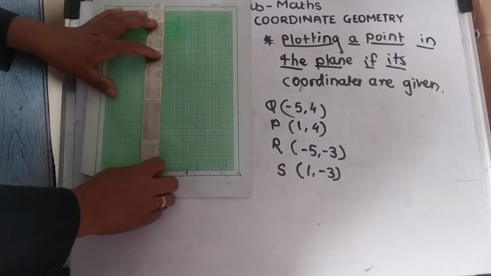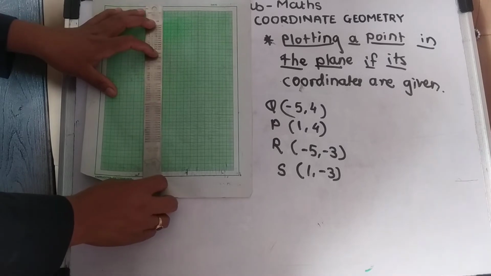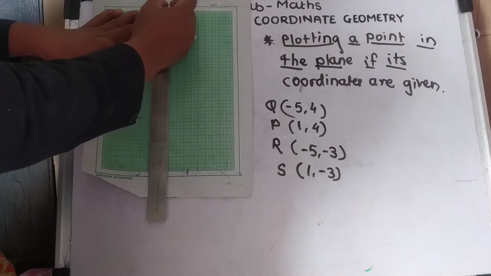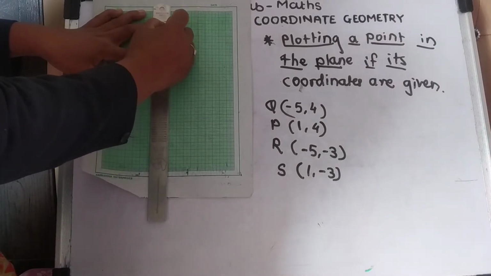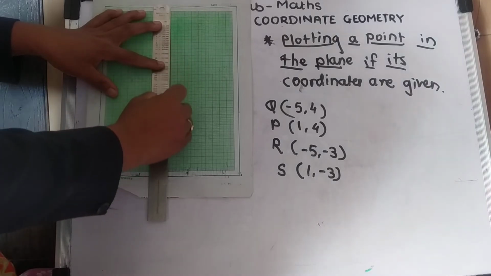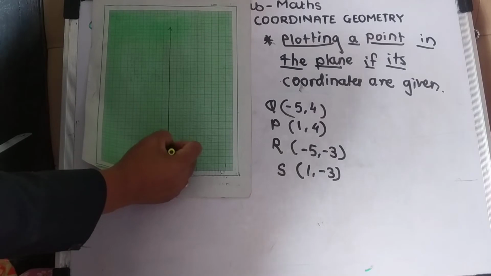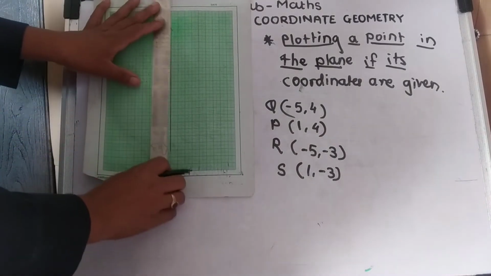First of all, in the middle of the graph, we will draw the vertical line. Right? So you can draw the whole line.